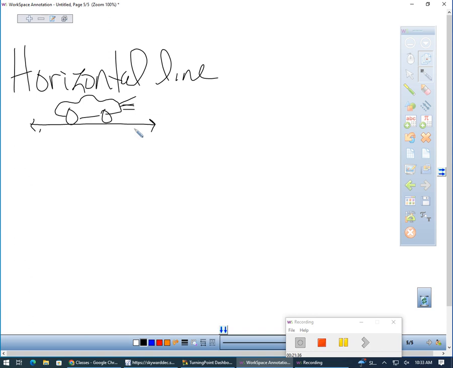My slope, or how quickly would it be moving, is, what did you say, Madison? 0. It doesn't move at all, right? It's sitting on that line. If it doesn't have like a valley to go into or a slope to go up, it has no rate of change. So my slope is 0. And I'm going to write it as m equals, we like to refer to our slope as m equals 0.